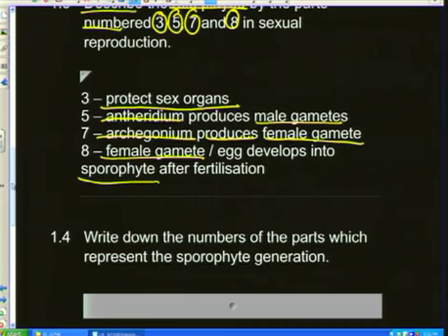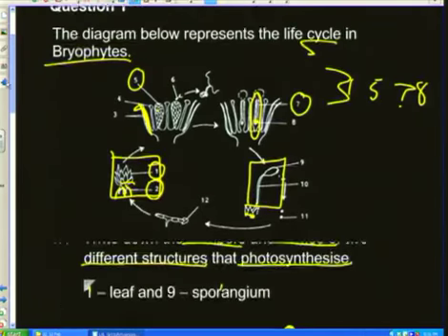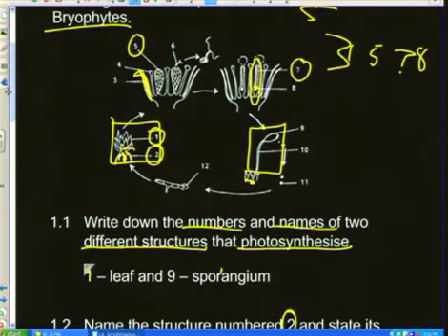Now, let's carry on. Write down the number of the part which represents the Sporophyte generation. Let's go up here again. Can it be this one? No way. This is just a magnification of that. Now, have a look at this piece here. Can you see that it looks similar to that piece there?